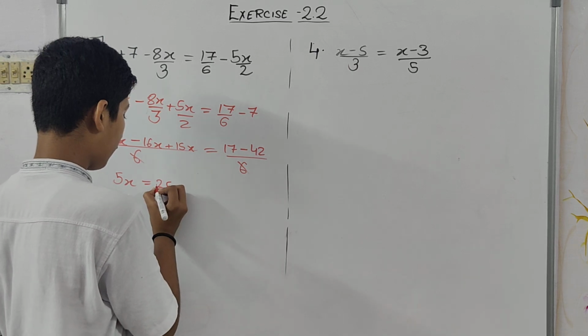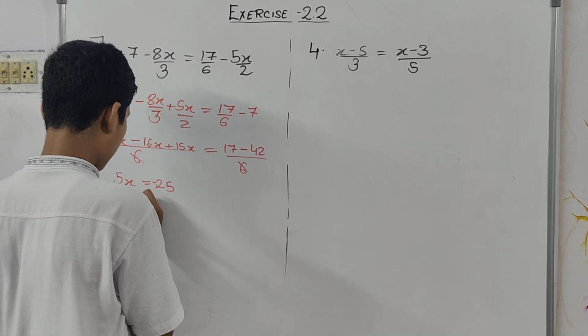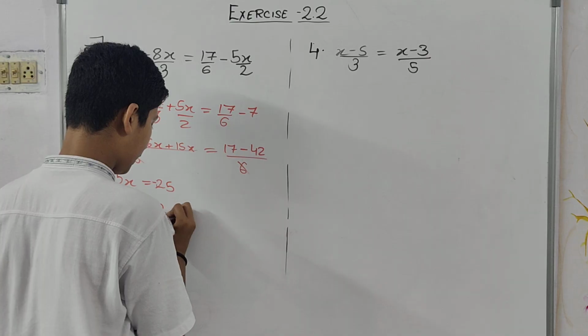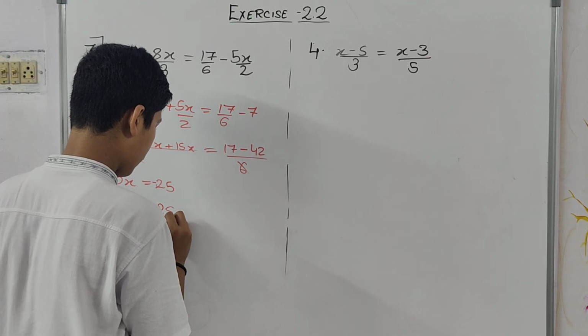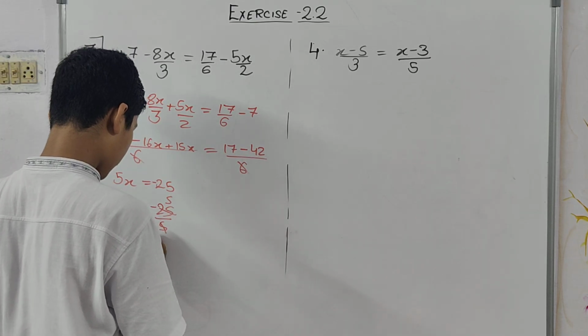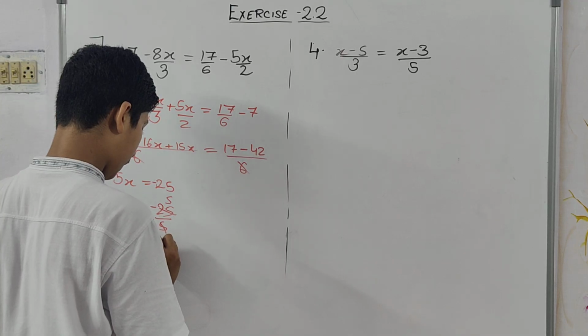Okay, 5x equals minus 25, so x will be minus 25 upon 5. 5 5s are 25, so x will be minus 5.